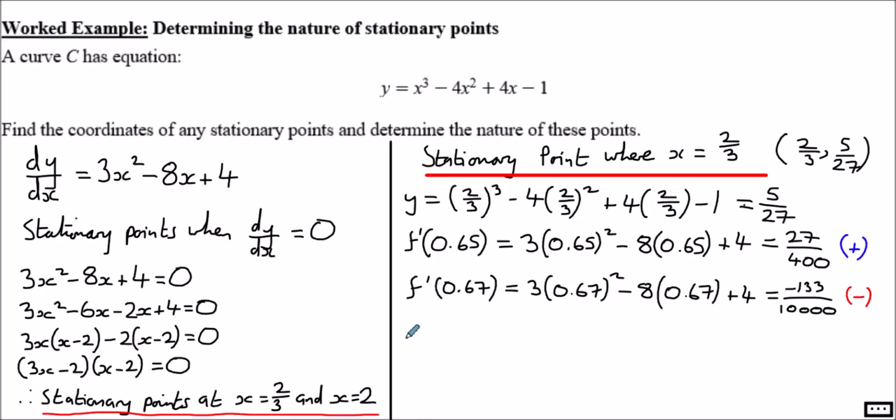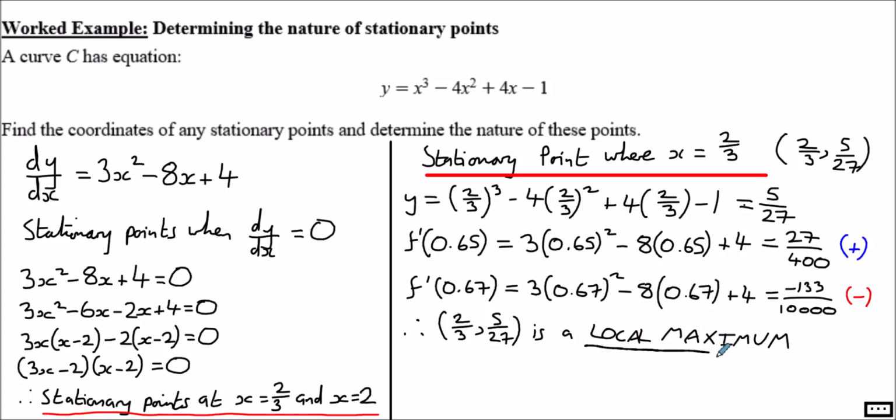So therefore, what we've proven here is the point 2/3 and 5/27 is a local maximum. If you're thinking this is quite an arduous process, don't worry, there is a much simpler way I can show you and will show you later on. So that's a local maximum.